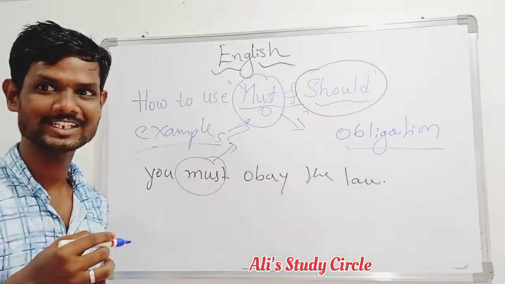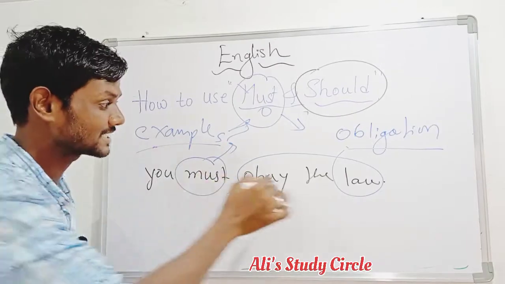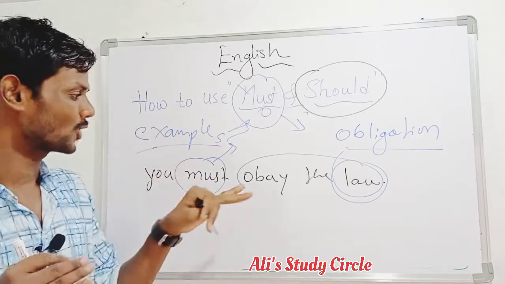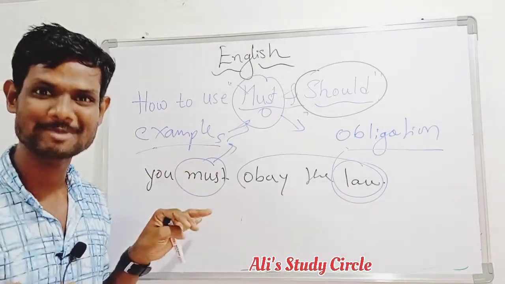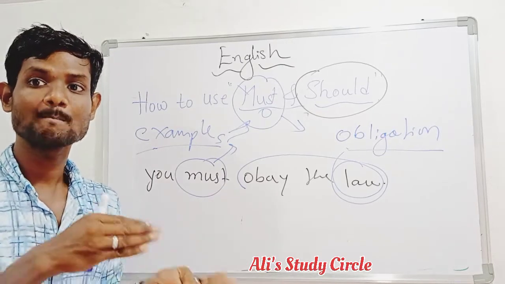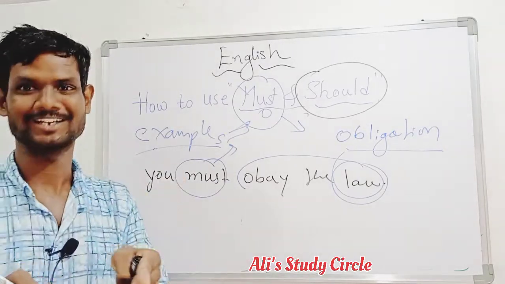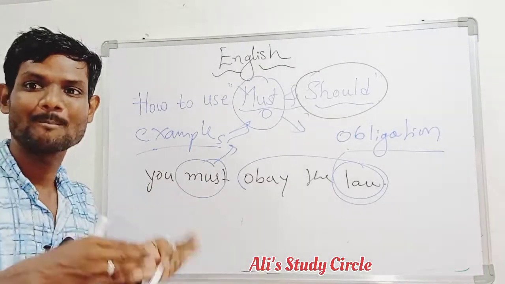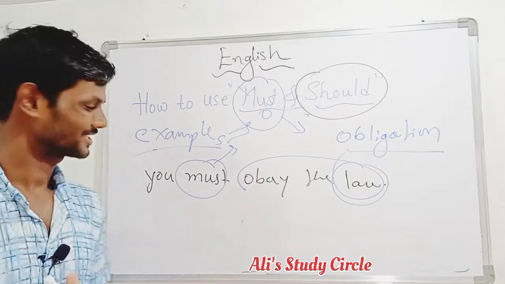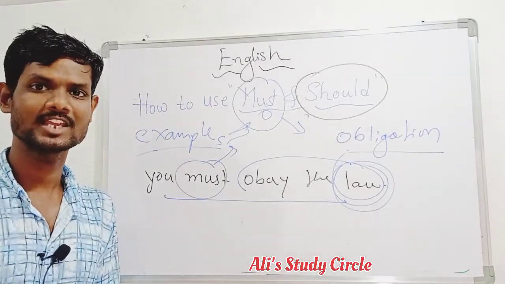While we are using obligation of law, obligation and necessity are very important. Here it compels you to abide by the law. The sentence includes compels to abide by the law, and we have to use obligation and necessity in the sentence.